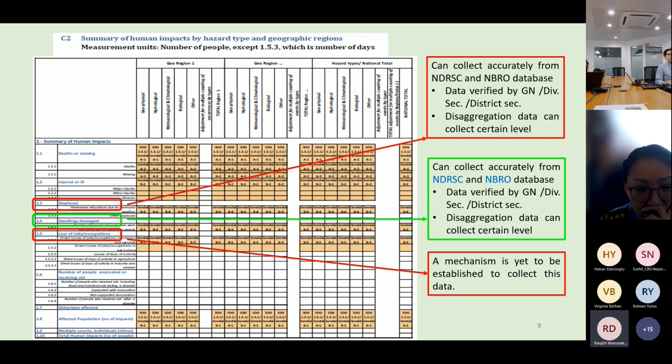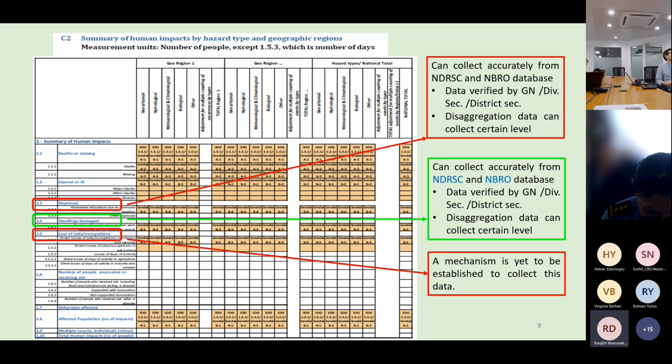Disaggregated data can also be collected to a certain level, because before giving compensation for loss and damages and deaths and missing, we get the official registered death certificate, and the certification of the Grama Niladhari, which is certified by the divisional secretary, to confirm whether it is true or false.